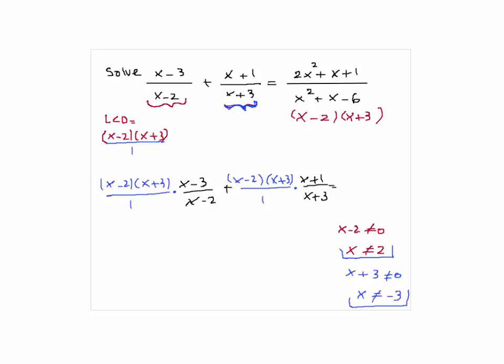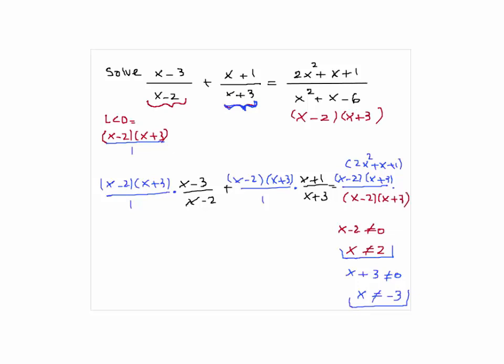And then we multiply the last term by the LCD, times the last term here, which would be 2x squared plus x plus 1 over x minus 2 times x plus 3.